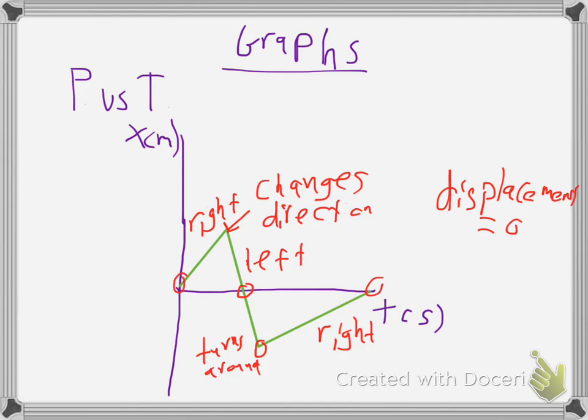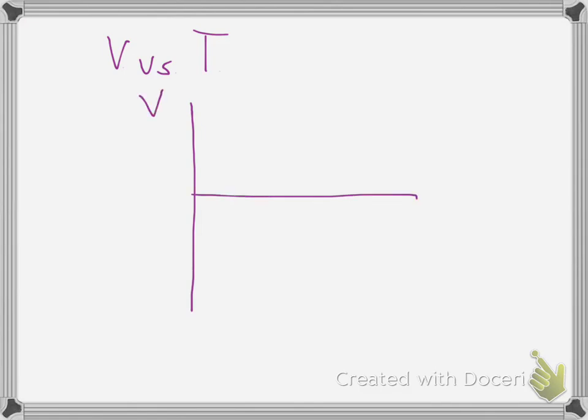Okay, all right, let's go to the velocity versus time graph. Let's start with some basics. If it's a flat line, or I'll use a straight line, that means constant velocity.